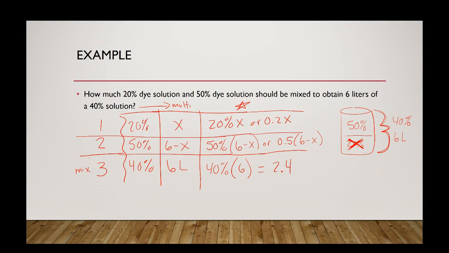So that means you're always going to take your 1 plus 2, and that's going to give you your 3. My 1 is 0.2x plus your 2, which is 0.5 times 6 minus x, and that's going to give you your 3, which is 2.4.